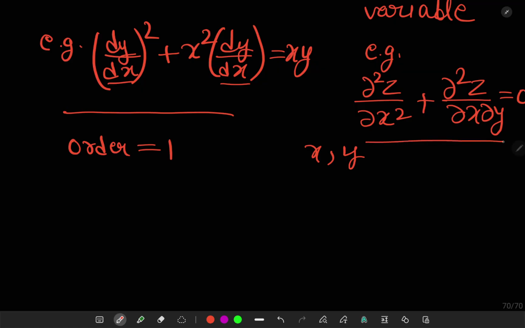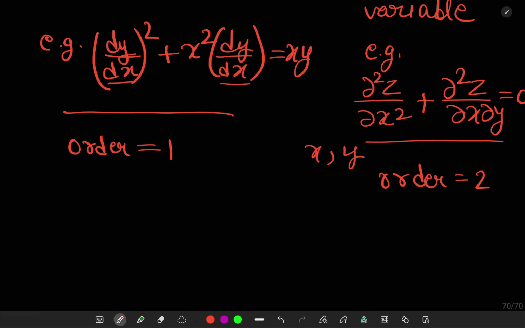And similarly for this equation, the highest derivative is del square z over del x square, so the order is 2.